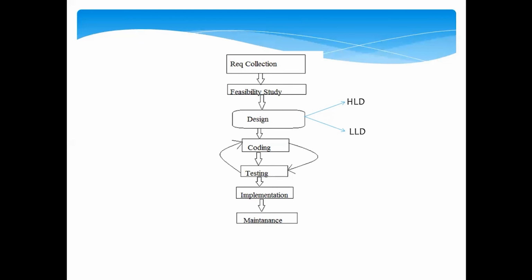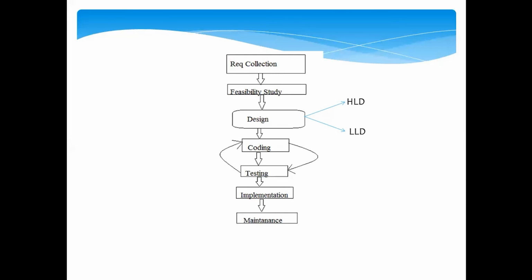Once the requirement is frozen, whatever requirements we have in our hand, the same thing we are going to implement. So there is no chance of changing the requirement or changing the technology. These kinds of things won't happen, because we are going to use it for small projects or small applications. So this is suitable only for small applications and small projects. So this is overall about the first model, which is the waterfall model.